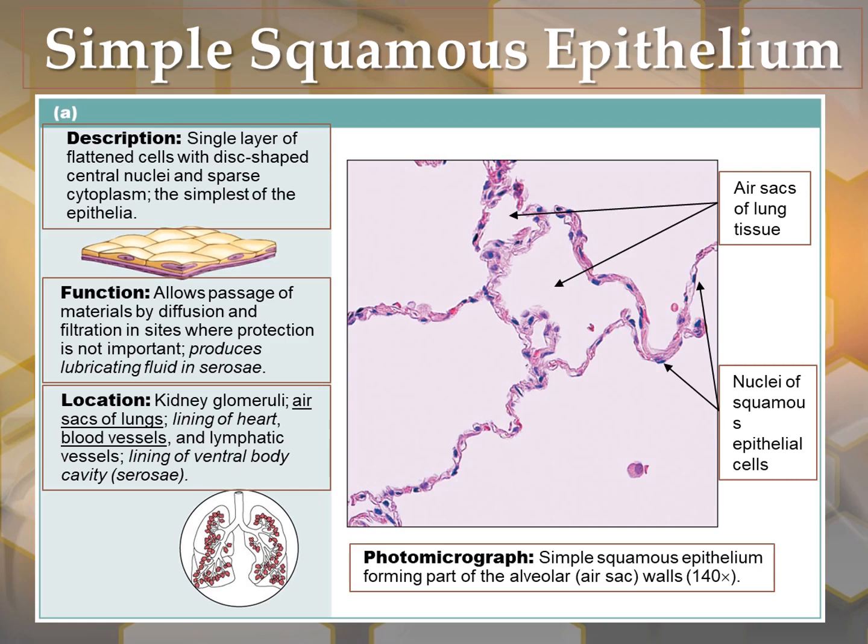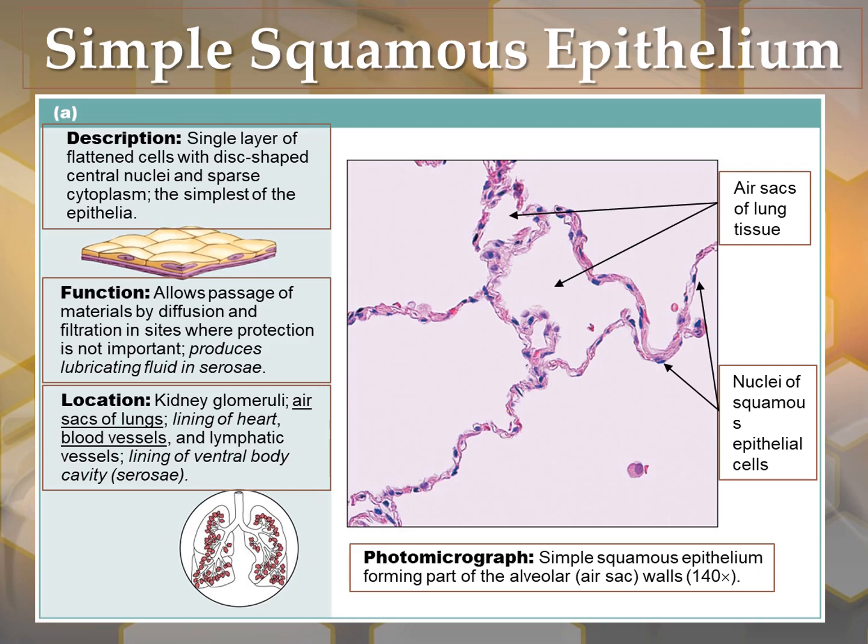And if you think about it, it's such a thin layer. This is really not going to provide any sort of protection, but things maybe can pass through it very easily because it's so thin. So this is really important for diffusion and filtration, things where you want things to be able to pass through that epithelial tissue without much trouble.